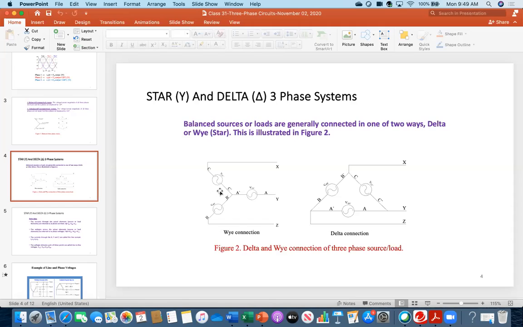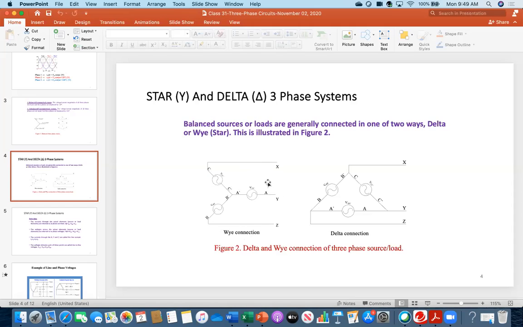Same thing, if you connect an ammeter here, that will measure the current of this phase, and still the current is the same because they are connected in series. So the conclusion is that in case of Y connection, the phase current and line current are the same for each phase.